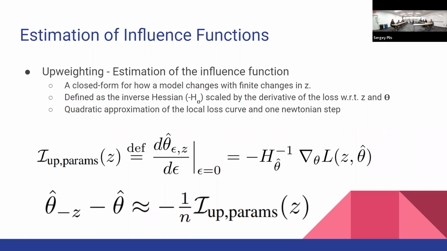This is the inverse Hessian times the gradients. I'll talk more about the equation later. But the point, as you can see from the second equation, is how you get to the updated parameters as they've been changed with respect to the new Z, the perturbed Z.